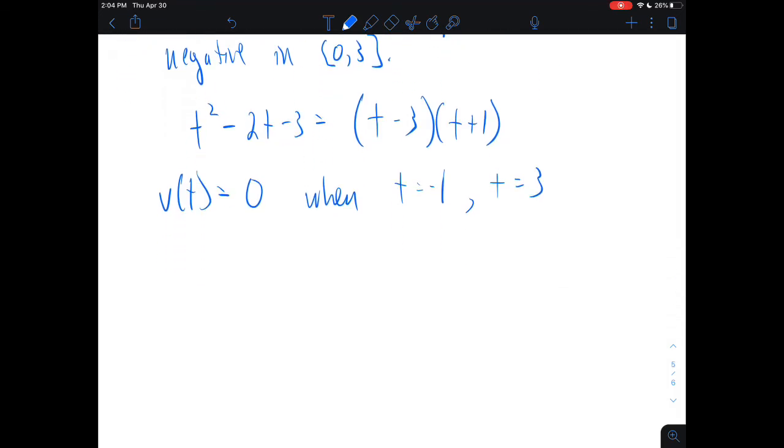So this is giving you a little bit of a clue as to where this quadratic is equal to 0. And then since this quadratic is opening up, this is giving you another clue as to where the function would be positive or negative. So we're going to consider our zeros of -1 and 3. And I'm just going to use some test points. You could probably already see where this is going.